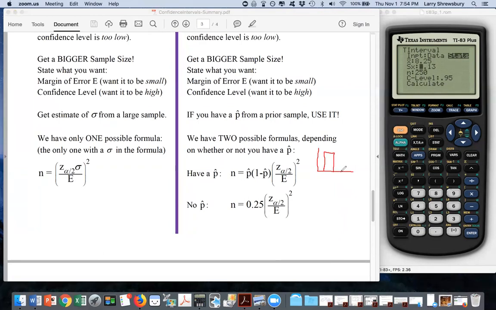Now let's suppose my two categories look like this. Maybe this is the category of interest we call a success. This is the other one we call a failure, for lack of better names. Would you need a very large sample size before you figured out that this one category was bigger than this one? Probably not. You probably wouldn't need that large of a sample size to realize one was larger than the other.